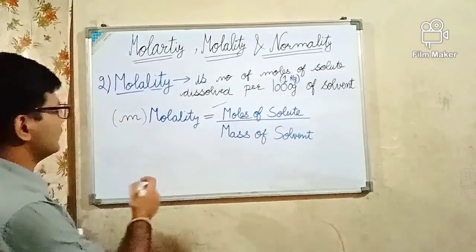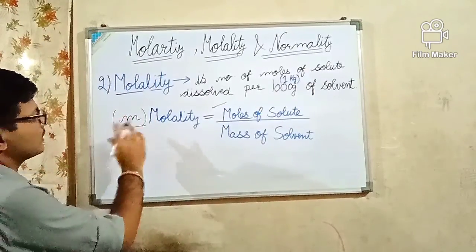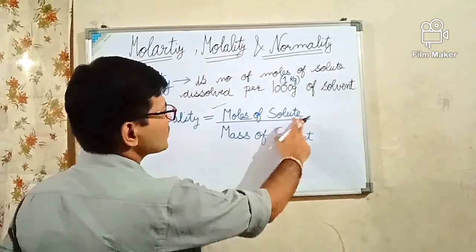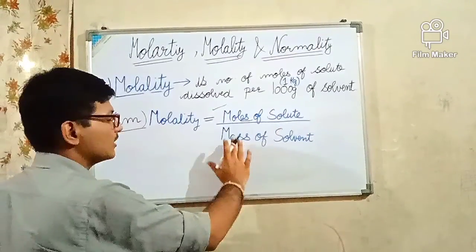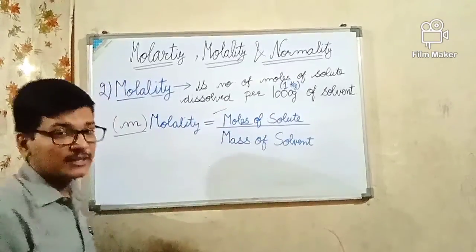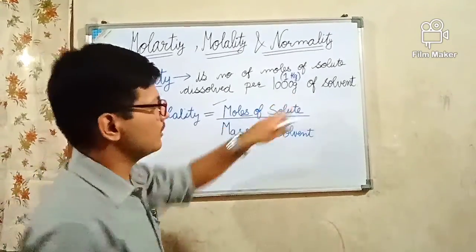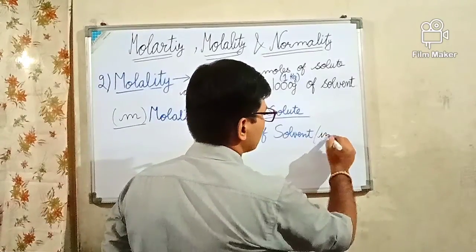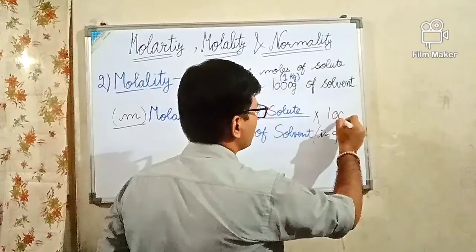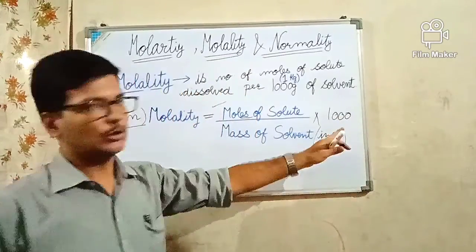Mathematically, it is denoted by small m. Molality is equal to the moles of solute over mass of solvent in terms of gram. If we express it in grams, then for molality we will multiply it by 1000.